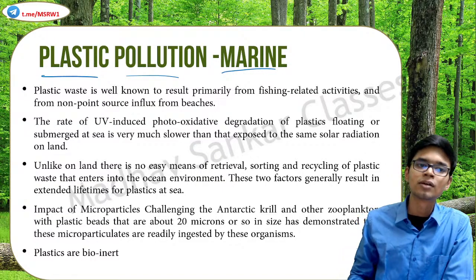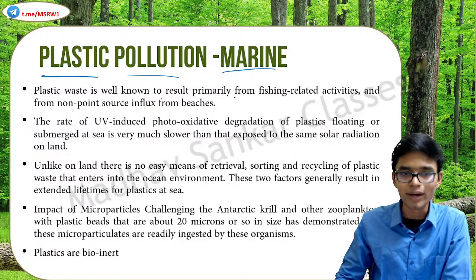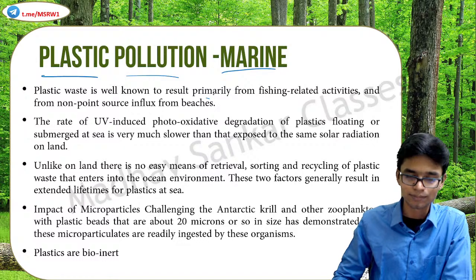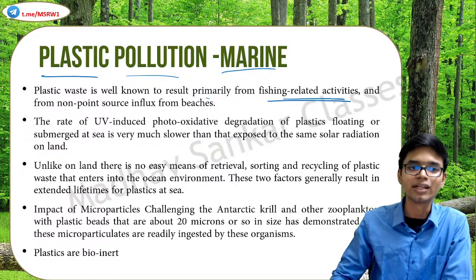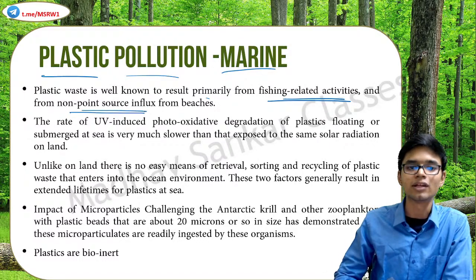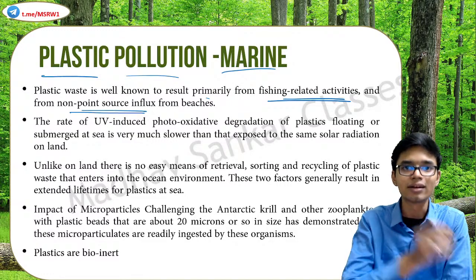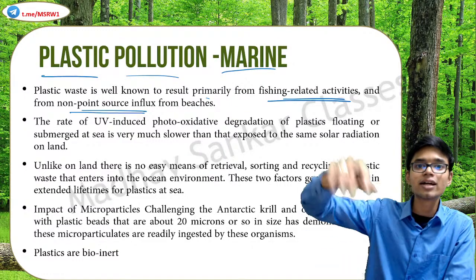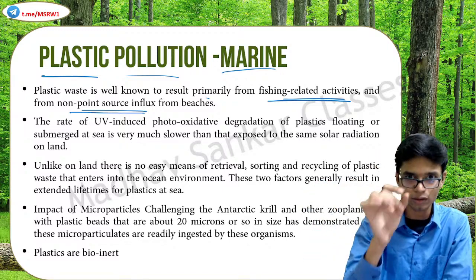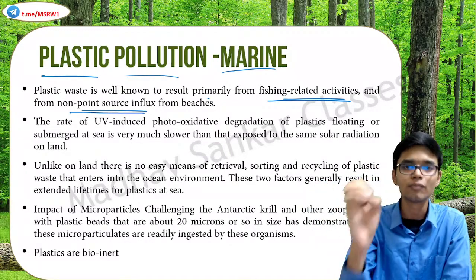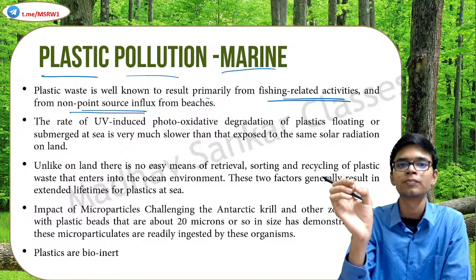So basically, plastic waste is very well known as primarily from fishing related activities and non-point sources of influx. Correct? Fishing related activities, nylon threads. The nets that you use for fishing are made of nylon threads, which are very harmful for aquatic ecosystems.